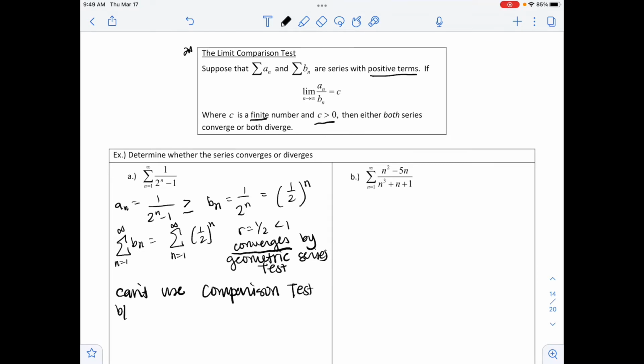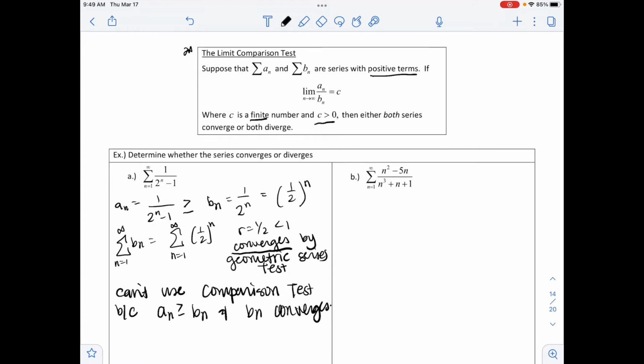And this is because a sub n is greater than or equal to b sub n, and b sub n converges. So again, we're stuck, and like it states up above, when you are unable to apply the comparison test, then next thing to try is the limit comparison test.